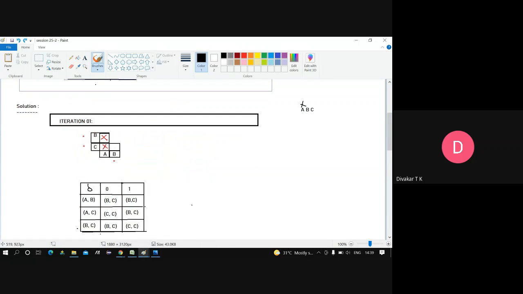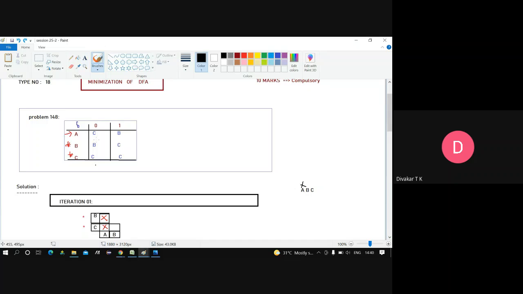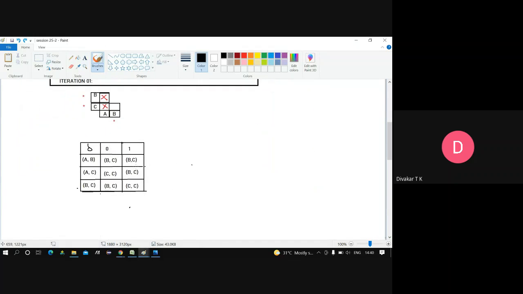Next, all the cells are there. Just write here like this. What are we supposed to do? Here I want to write one more table.